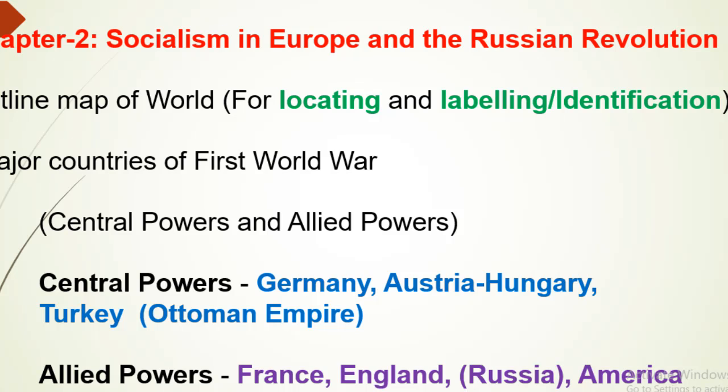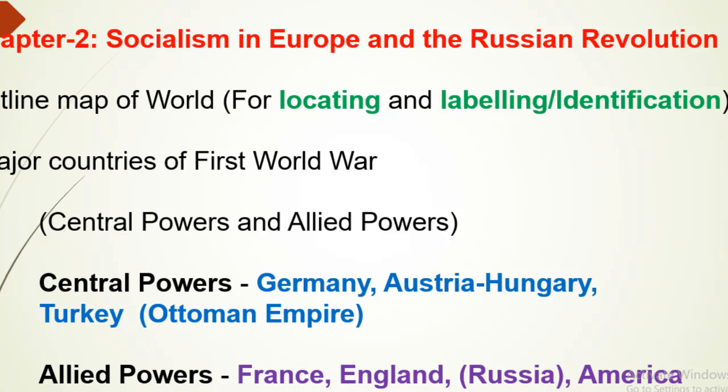You should know to locate and to label or identify the countries, those who were part of these two powers. During First World War, there were two main powers. One was called Central Power, the other one was called Allied Powers.